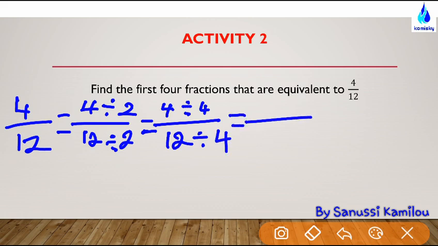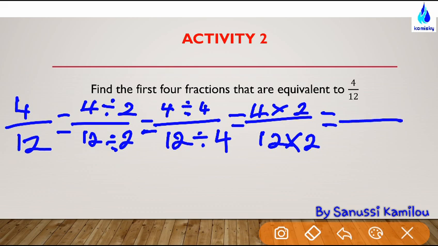The next one, I can decide to continue with multiplication, because if I should continue with division, it will not be possible. So now 4 times 1 will give me the same number here. So I will just use 2. 4 times 2, and then 12 also times 2.